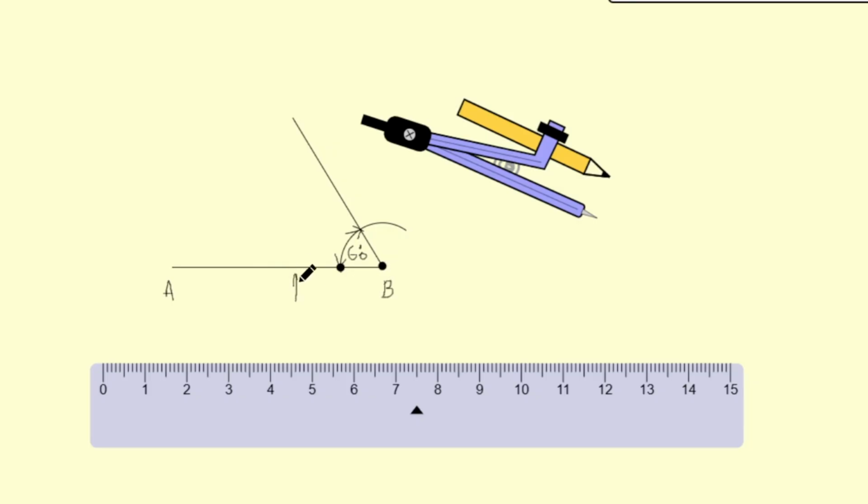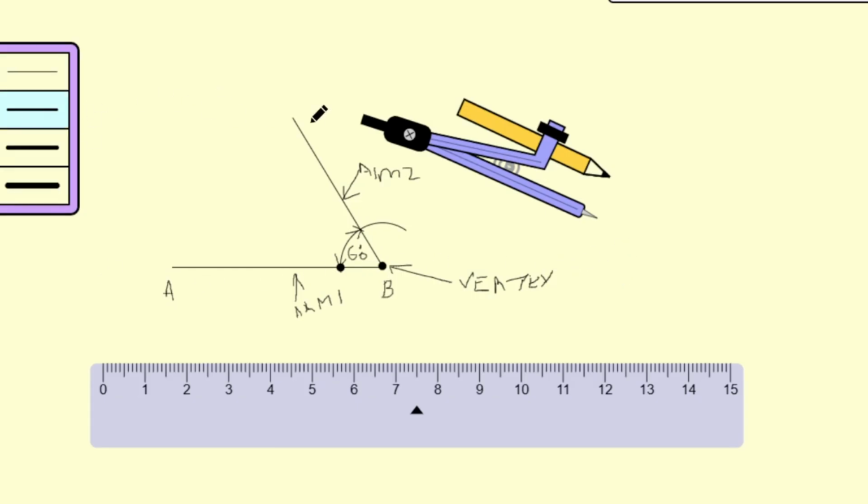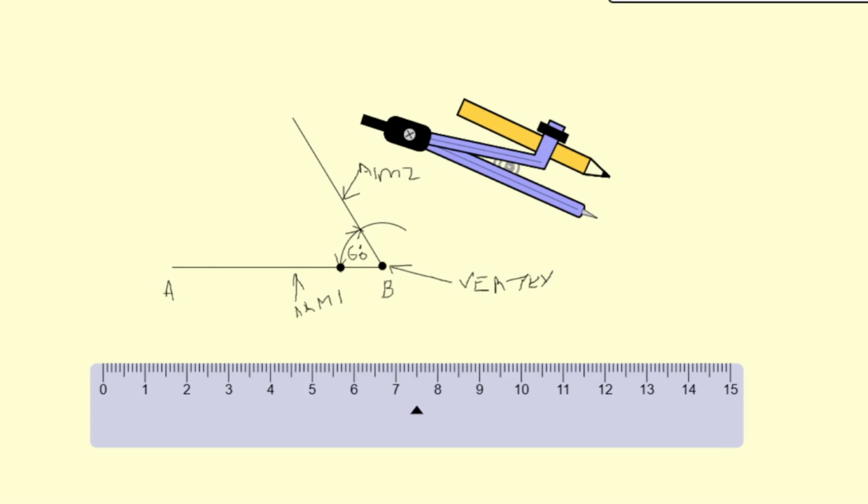So this is arm 1, and this is arm 2. And then they meet at a point called a vertex. So that is the reason why it would have been the same concept on the other side. So we would darken the important lines, which would have been here and here.